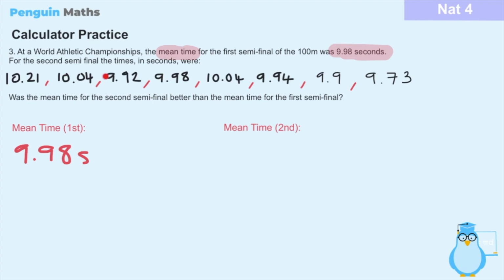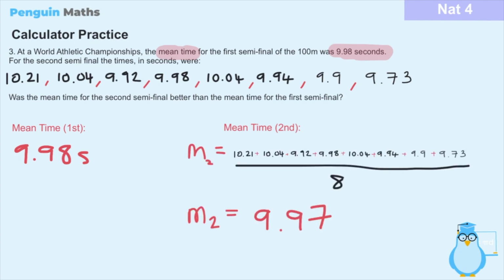So because there were 8 races or 8 runs recorded in total for the second semi-final, our sum for the mean time will be 10.21 plus 10.04 plus 9.92 plus 9.98 plus 10.04 plus 9.94 plus 9.9 plus 9.73, and then the sum of all this will be divided by 8. And then we can put this into our calculator and we should get an answer of 9.97 seconds. So that is the mean time or the average time that was recorded for the second semi-final.